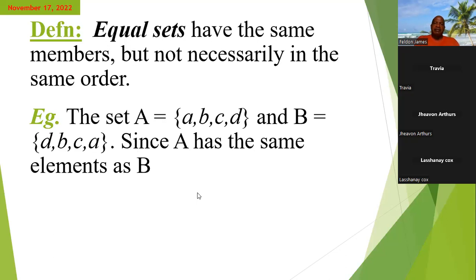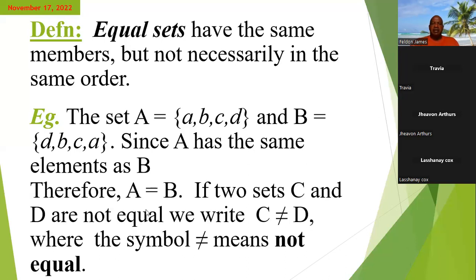Here we have the set A with the letters A, B, C, D, and the set B with the order D, B, C, A. We can conclude that the set A is equal to the set B because their members are the same.